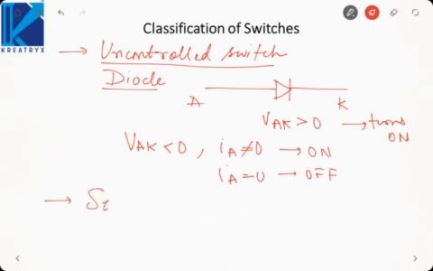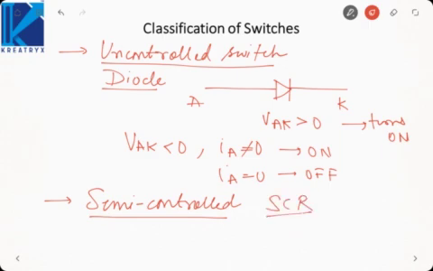The next type of switch is called semi-controlled. In a semi-controlled switch, you can only control one state. That means either you can turn it on or you can turn it off, but not both. One switching state is in my control, the other switching state I cannot control. What is an example?